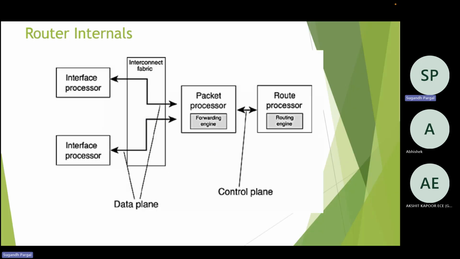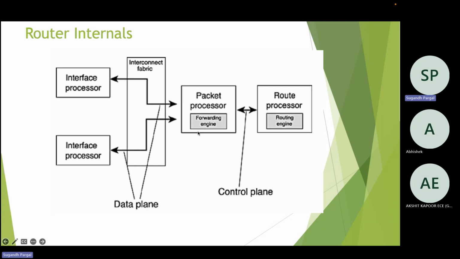So then we have the router internals. This is how it is done. So this is the router processor which has the routing engine, and it forms the control plane which controls all the routing information and defines the routing table based on the routing algorithm.